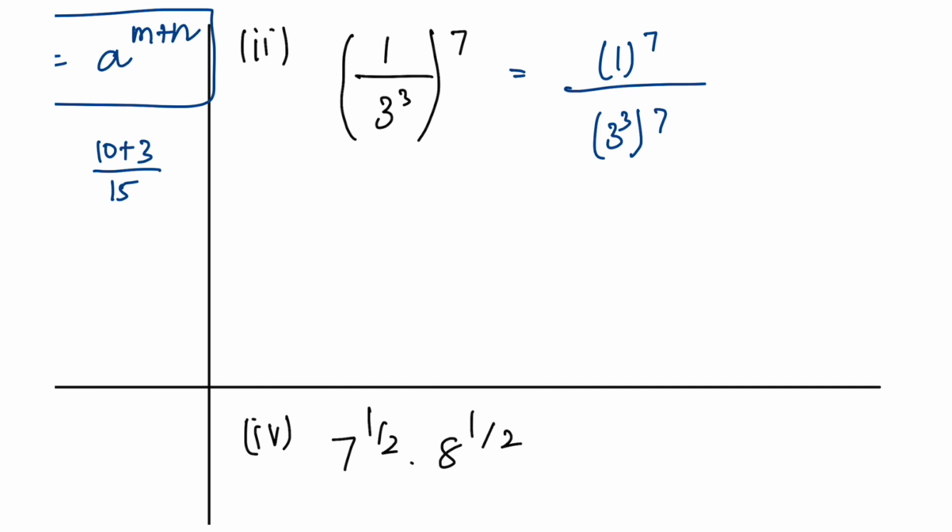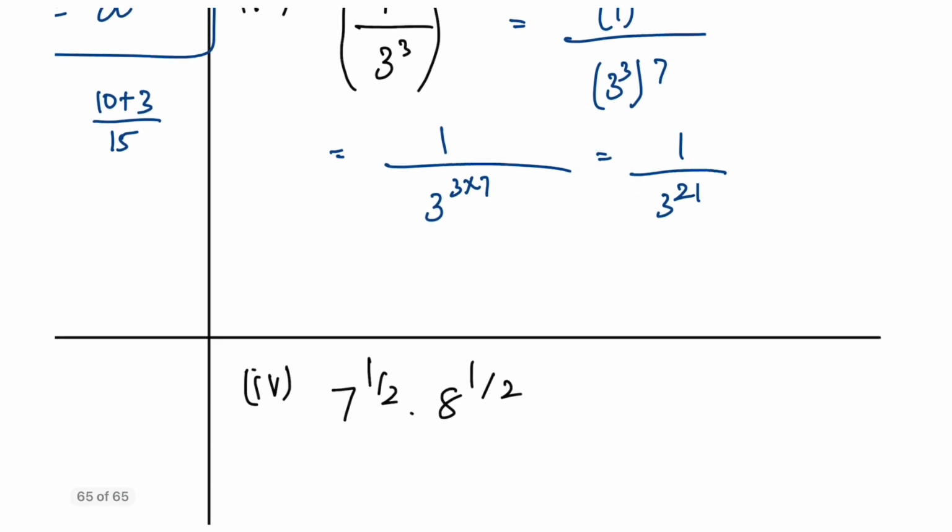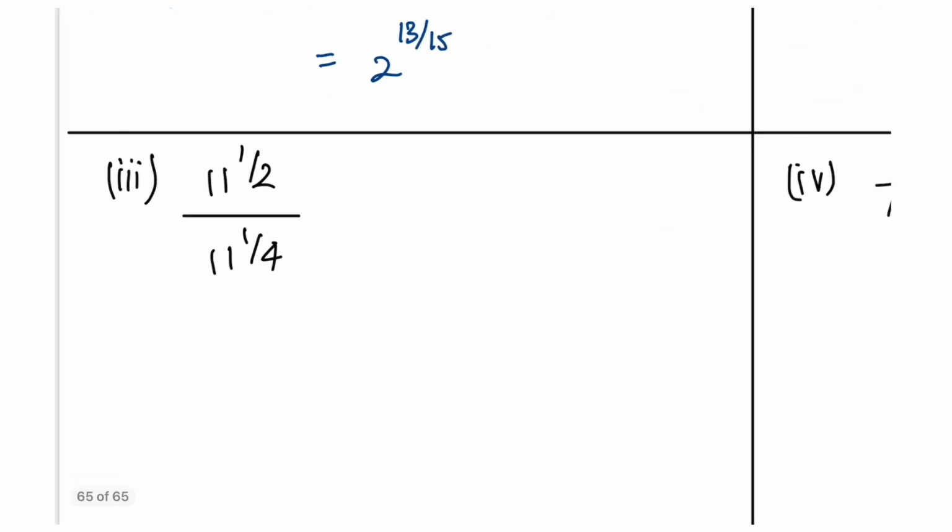It can be written like this, and we know that a power m the whole power n is equal to a power m into n, and applying that, it's going to be 3 power 3 into 7, that is going to be 1 by 3 power 21, and that is going to be a very huge number. We are not going to calculate it. They just want you to write this, and that would be the answer that is required.